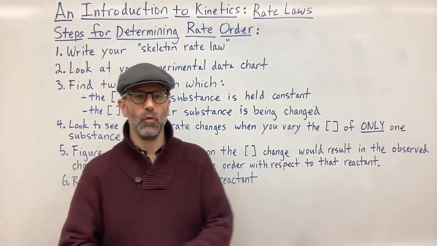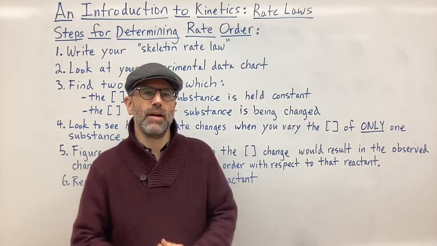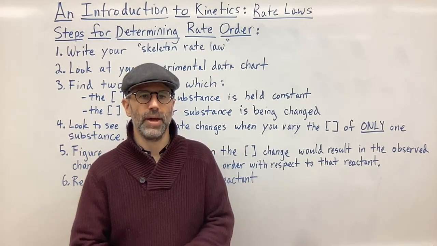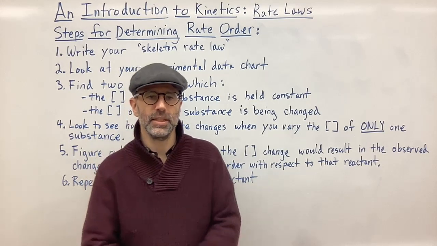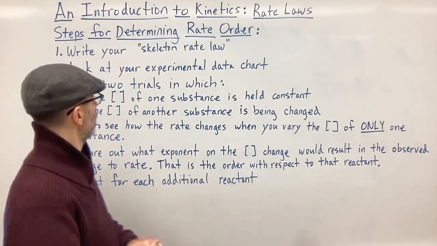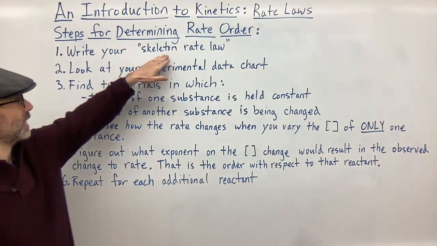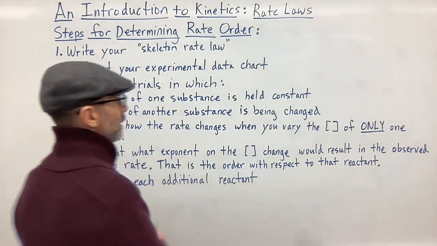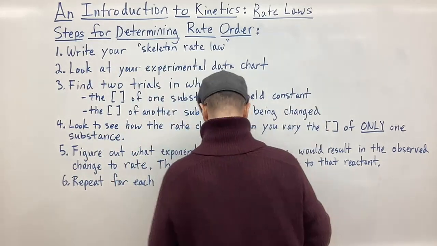Okay, let's go over the steps that you would have to take to determine the rate order of a reaction. So let's get into this. The first step you want to do is write your skeleton rate law. So what is the skeleton rate law? That's basically what I had before.